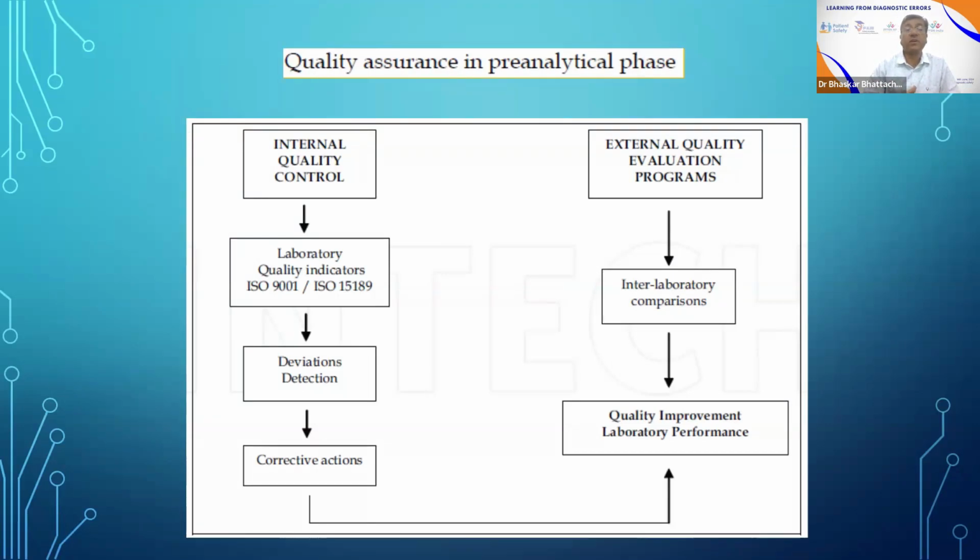In the case of external quality evaluation programs, we see the inter-laboratory comparisons and the evaluation, and then we see how the lab is performing, with the options for improvement. These are the different types of quality assurance programs that we can go through. Next slide.